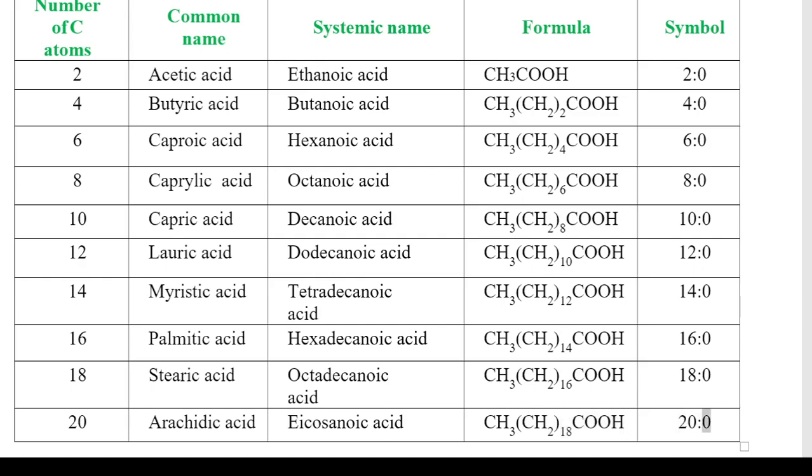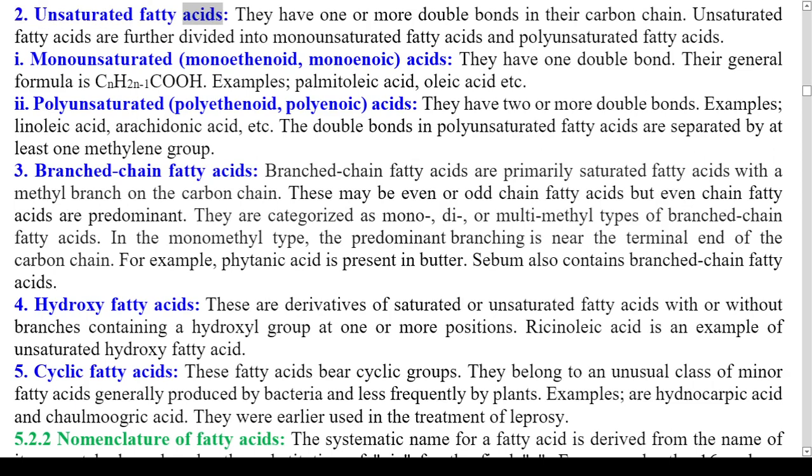2. Unsaturated fatty acids have one or more double bonds in their carbon chain. They are further divided into monounsaturated and polyunsaturated fatty acids. Monounsaturated, monoethenoid, or monoenoic acids have one double bond. Their general formula is CnH2n-1COOH.